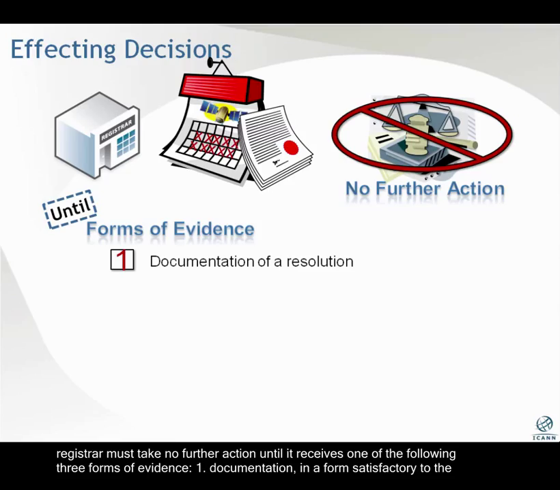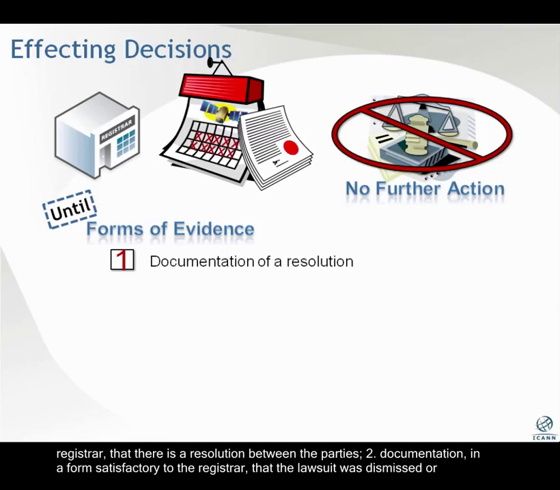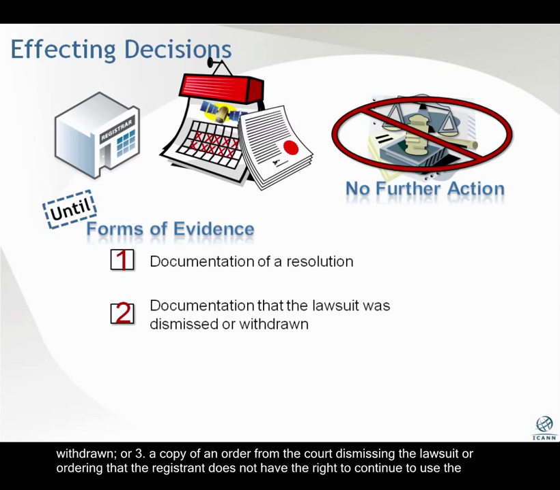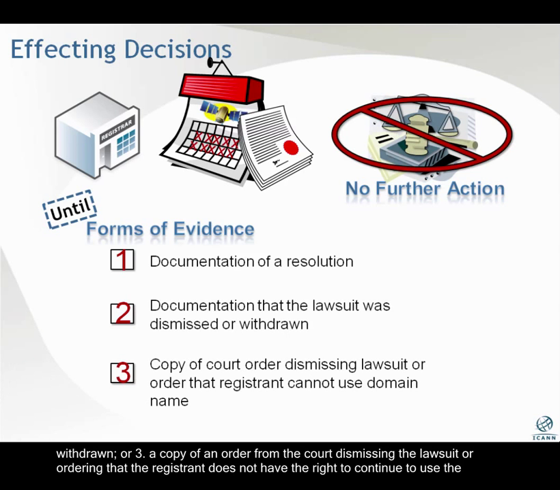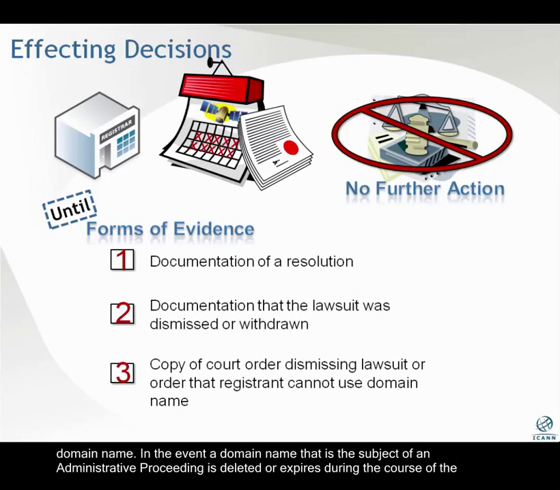Documentation in a form satisfactory to the registrar that there is a resolution between the parties. 2. Documentation in a form satisfactory to the registrar that the lawsuit was dismissed or withdrawn. Or 3. A copy of an order from the court dismissing the lawsuit or ordering that the registrant does not have the right to continue to use the domain name.